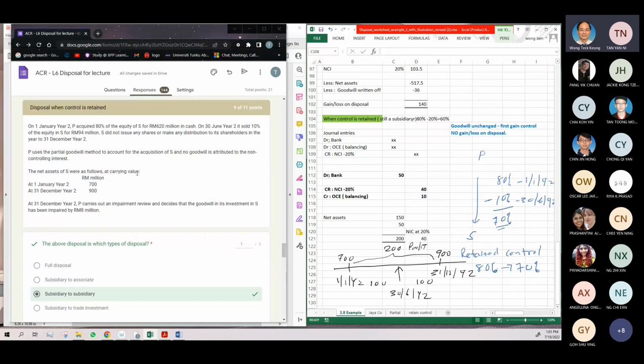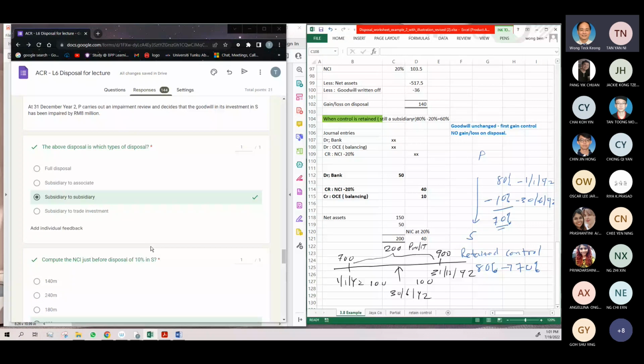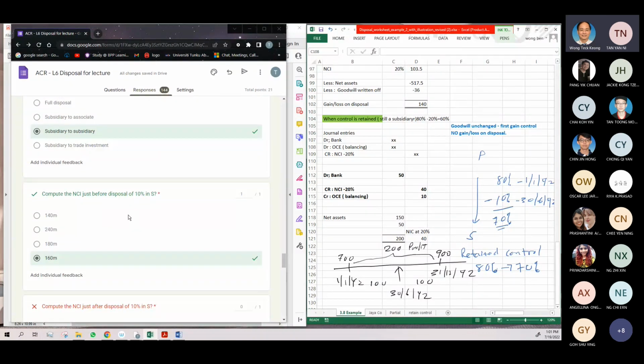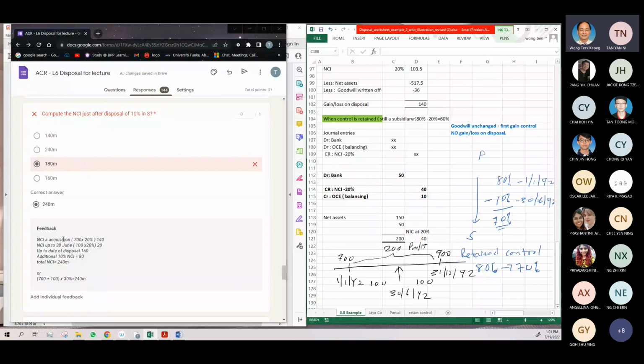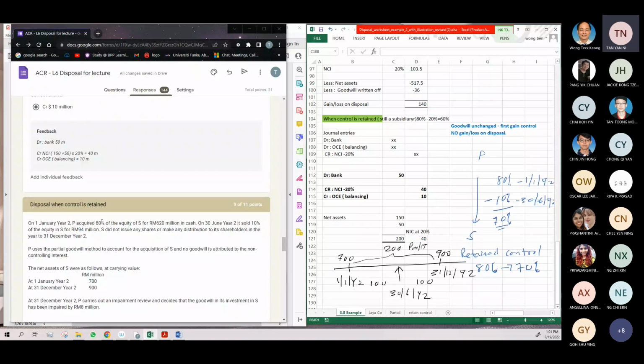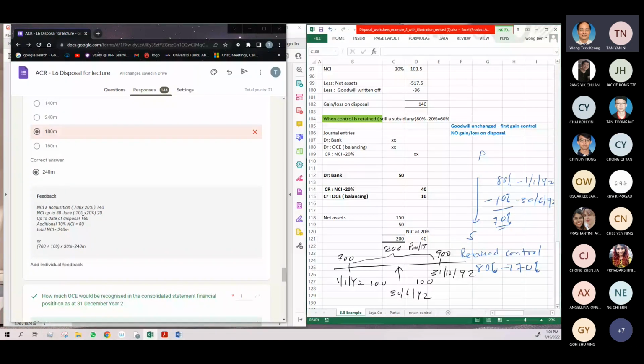So you compute correctly: NCI before disposal is 160, very good. At acquisition date you have 700, and 20% NCI. Up to 30th June, you add another 100 times 20%, so we get 160.